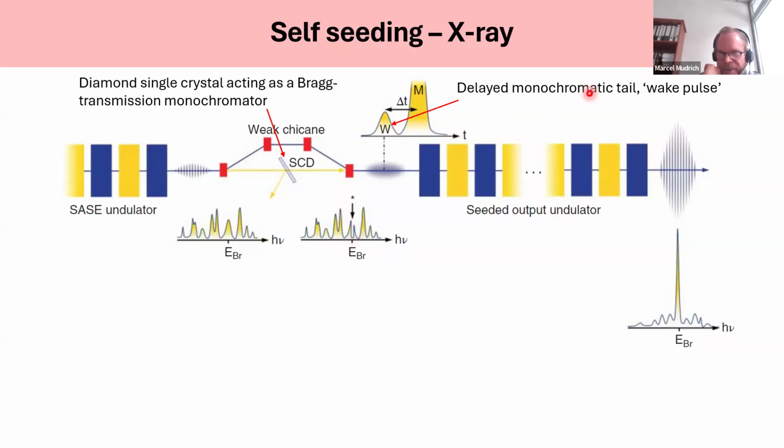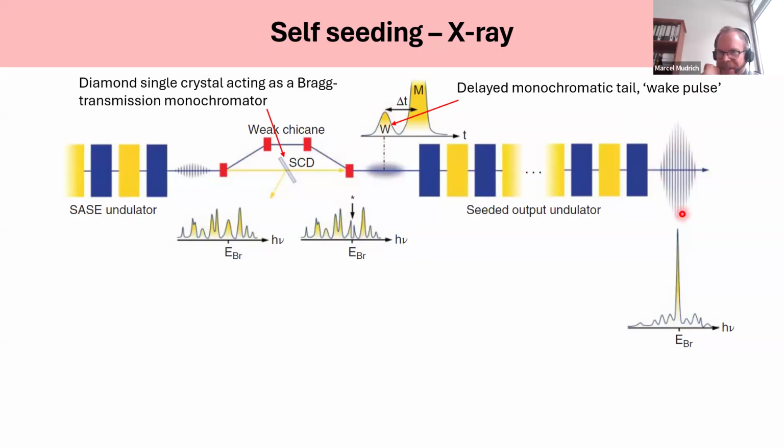And here the timing is chosen such that this delayed and much longer monochromatic wake pulse that corresponds to this narrow dip in the spectrum is the one that is superimposed with the electron bunch that travels around the magnetic chicane, and that's the part that is then being amplified in the second undulator.